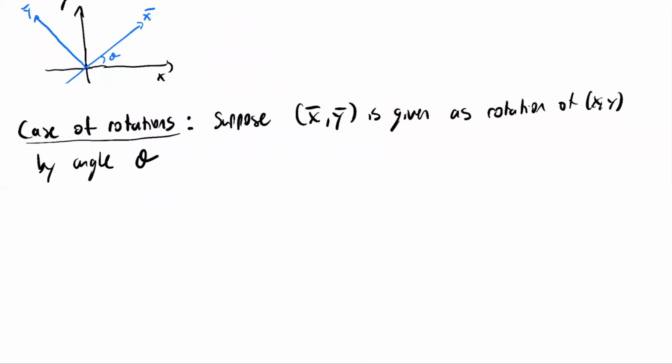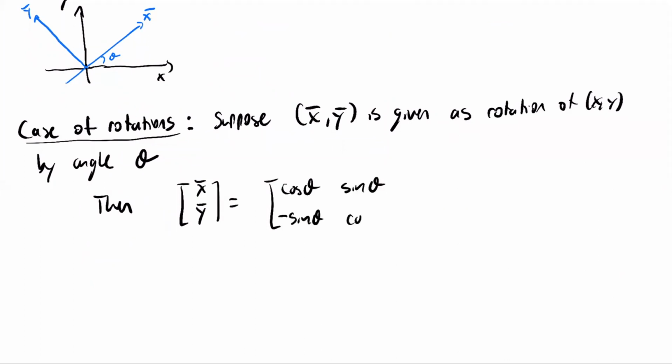Well, we can describe this using the action of a matrix. So in particular, we have x bar, y bar is equal to the matrix cosine theta, sine theta, minus sine theta, cosine theta, applied to my original coordinates. Right, so this is a rotation matrix.